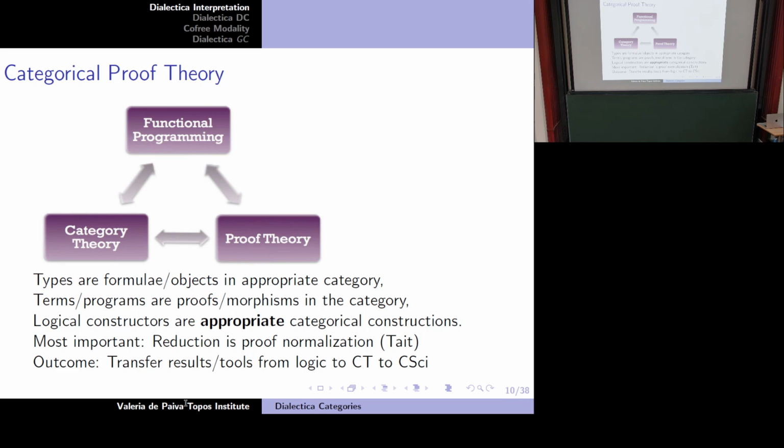The good point about this whole thing is that we can transfer results and tools from logic to category theory and to computer science as well. So the whole point is that we can solve the problem in any of these three vertices and then push the solutions to the other sides.